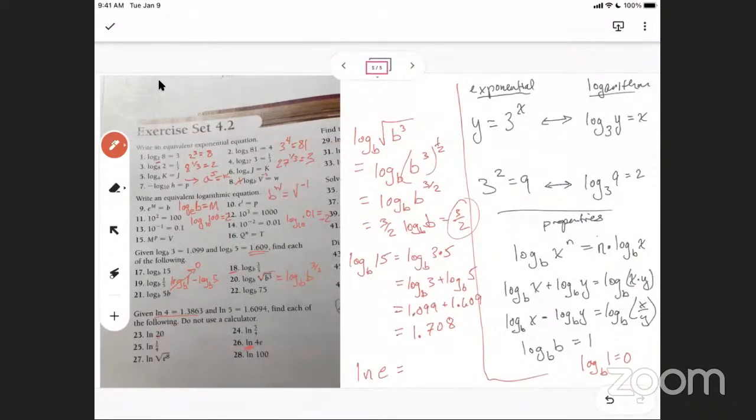No, just the ln of e. Oh, what's the natural log of just e? You know that natural log means log base e. So what's the log base e of e? Isn't it 1 too? Yeah, it's just 1. Because e to the first power equals e.